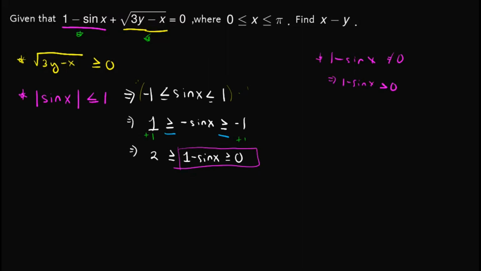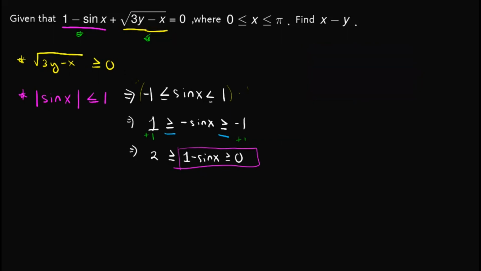So for their sum to be 0, square root of 3y minus x must be negative. But this cannot be, since 3y minus x is greater than or equal to 0. And the same goes for 3y minus x. If it is greater than 0, 1 minus sine x cannot be a negative value, since it's greater than or equal to 0.